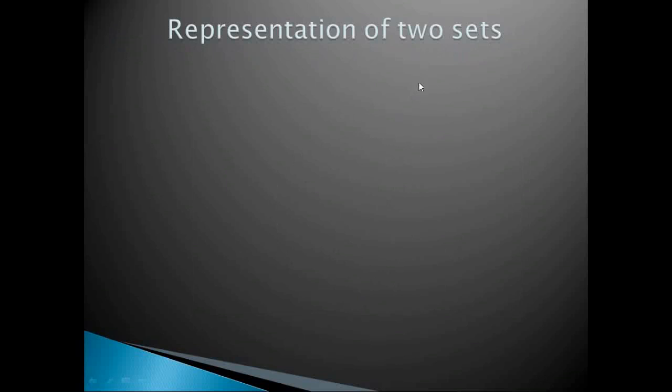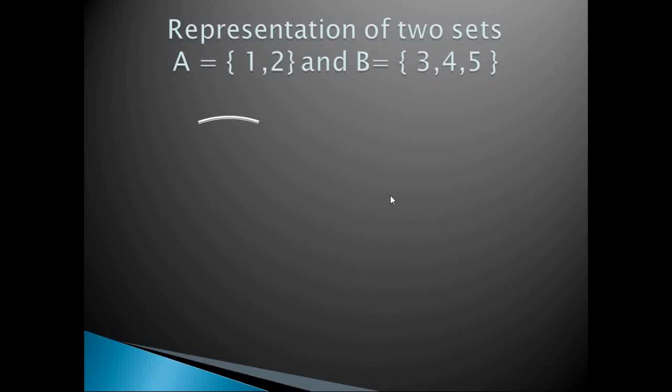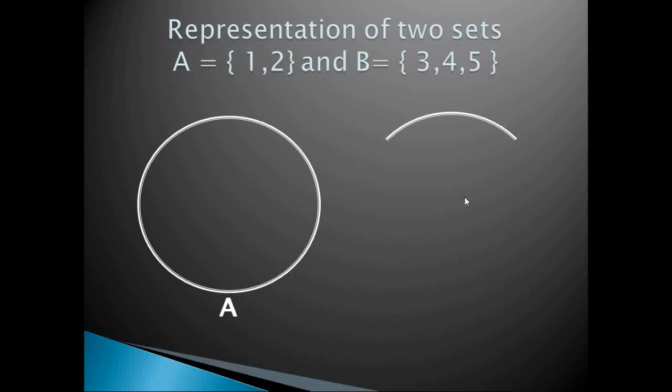Now representation of two sets. Now how can we represent two sets? Let's see. Let's say A is equal to 1 and 2, and B has the elements 3, 4 and 5. So let's make a circle for set A. Let's name it, and let's make a circle for set B and name it.